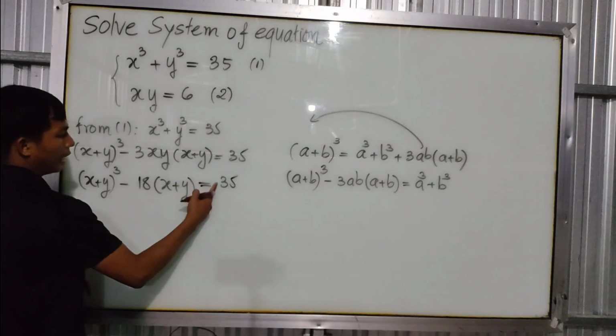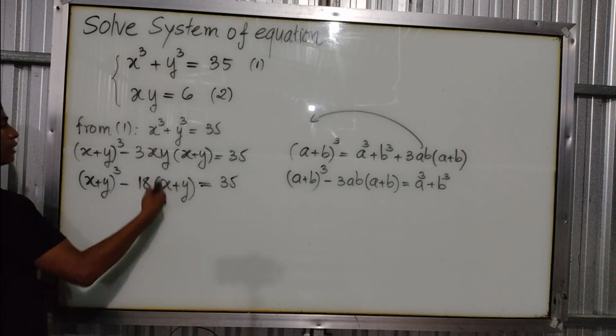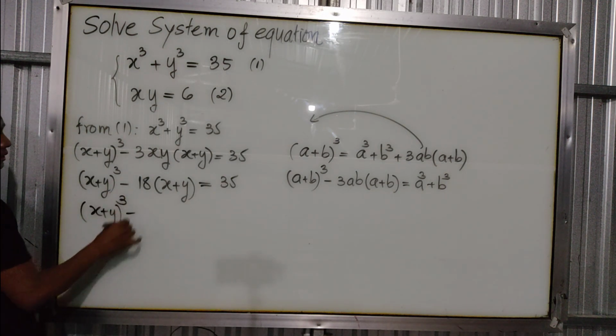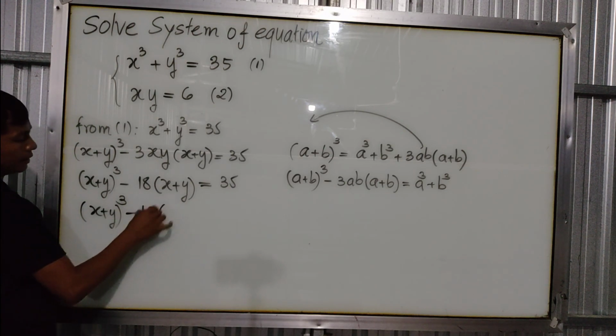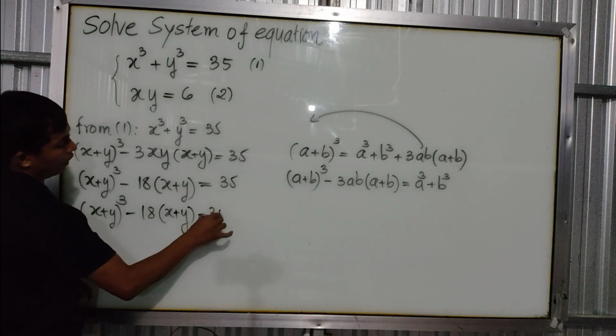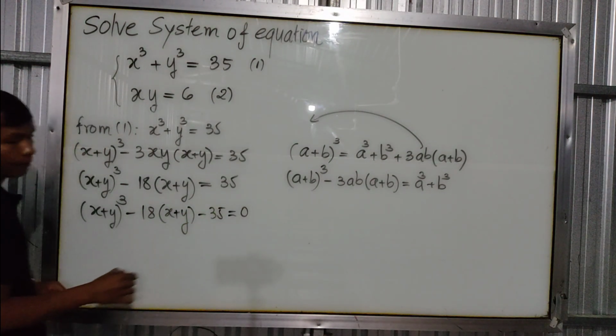I change 35 from the right-hand side to the left-hand side, so I get (x plus y) all power 3 minus 18 multiplied by (x plus y) minus 35 is equal to 0.